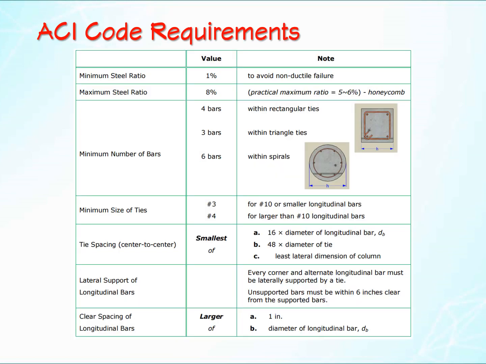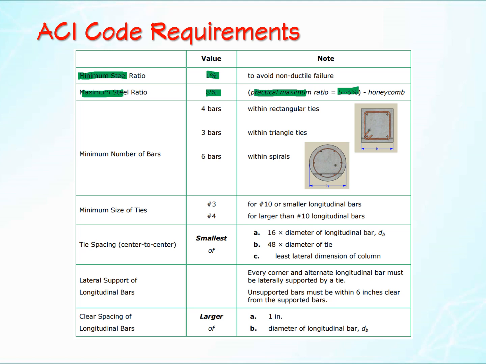Here I tabularized the ACI code requirements for column. All these values and all details must be memorized to pass FE exam. Minimum steel ratio is 1% and maximum steel ratio is 8%. But practical maximum is 5%.